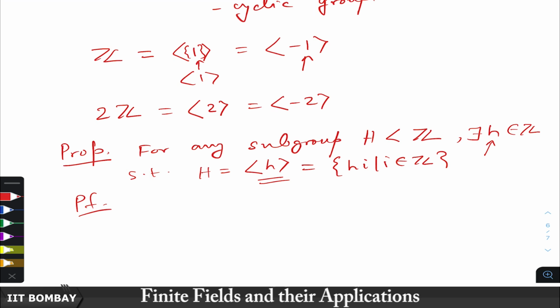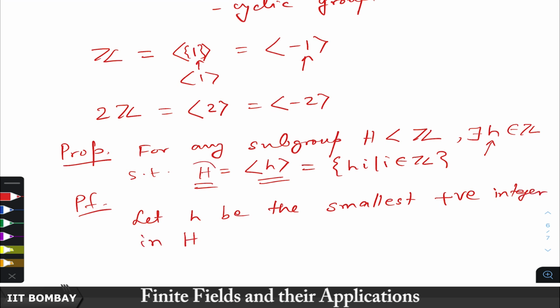So, what we do is we select an element h in H. Let h be the smallest positive integer in H. H is a non-empty subset, and suppose it is not equal to just 0.